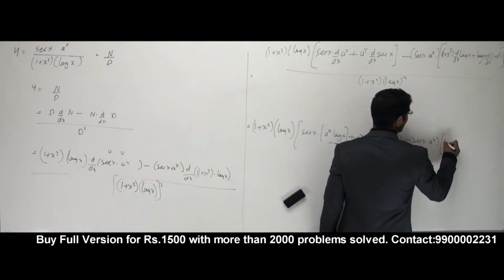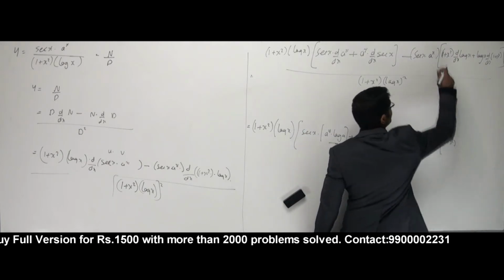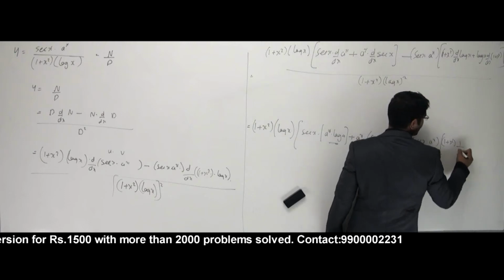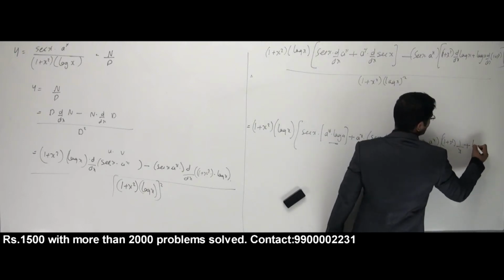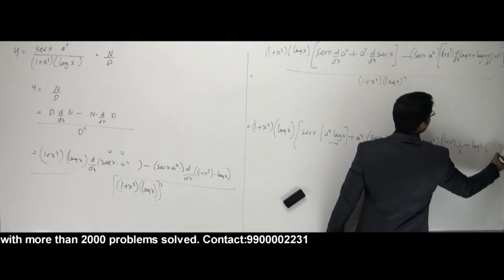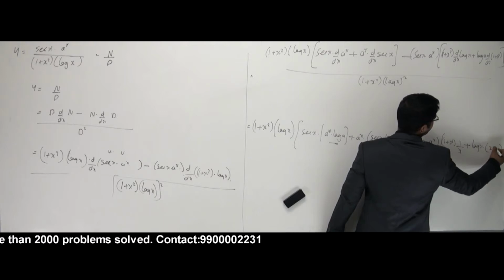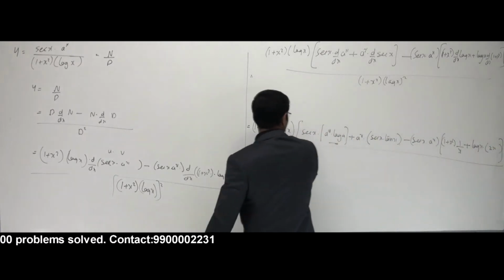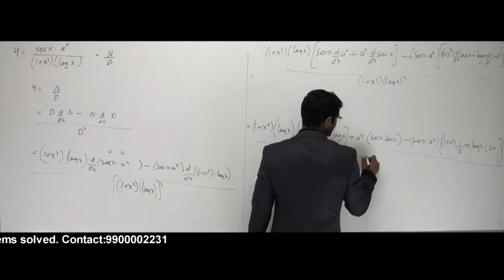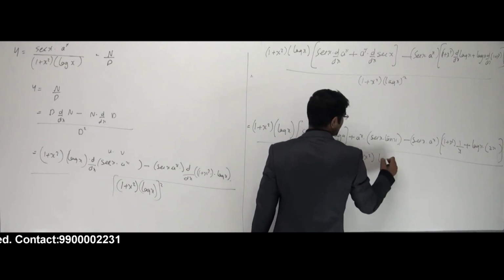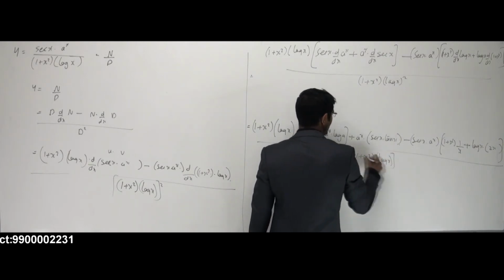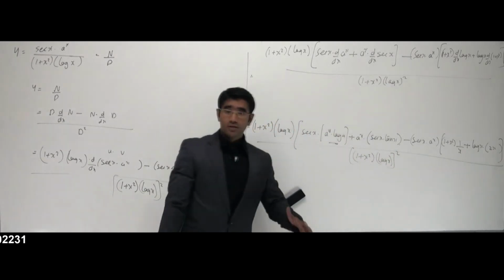Then here I have 1 plus x squared, no differentiation sign. Here it becomes 1 by x plus log x. And how do you differentiate 1 plus x squared? That is 2x. That's it. The whole thing is divided by the denominator, that is 1 plus x squared into log x, the whole squared, and that's all the problem is. Very simple.